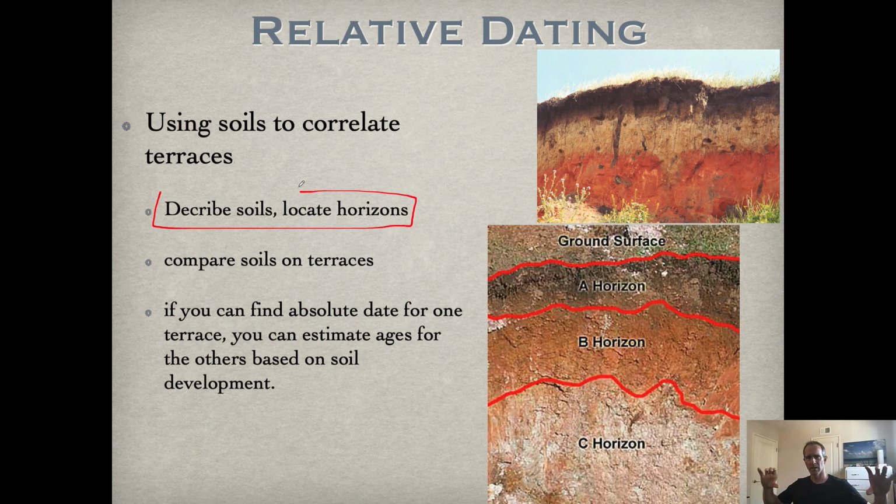And I can compare those, and if I see that they are the same degree of development, I can assume that these are roughly the same age. And then if I was to actually get numeric dates on one set of terraces, I can use soil correlations to extrapolate those numeric ages to other locations without having to get numeric dates from each spot. I can do it in one spot and then compare that and understand the ages of deposits over a much wider area.